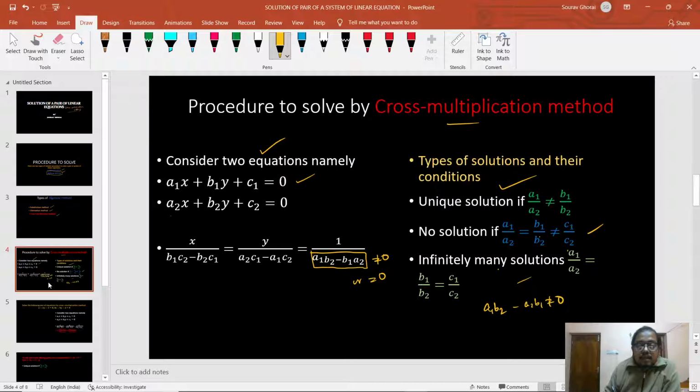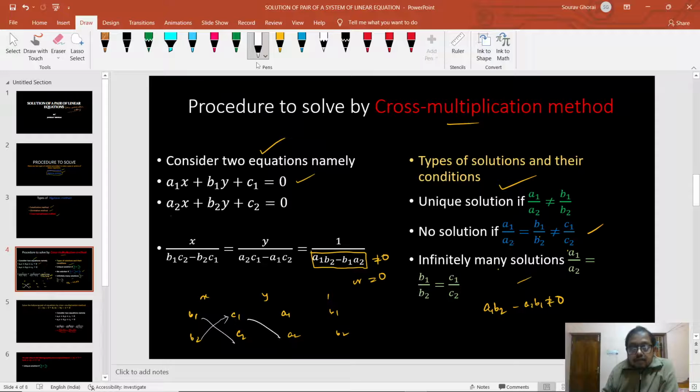Okay, so now I'll write x, y and 1, and here this will be b1, b2, c1, c2, a1, a2, and again b1, b2. If we follow this, we get b1c2 minus b2c1, a2c1 minus a1c2 and a1b2 minus a2b1.